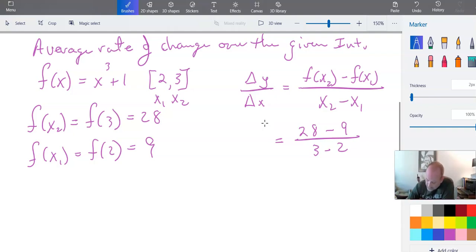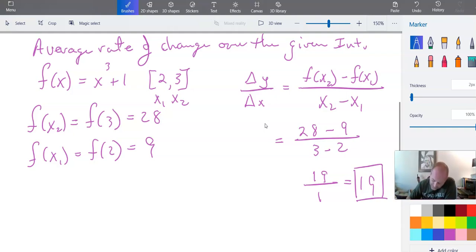Okay, well, 28 minus 9 is 19, and 3 minus 2 is 1, and so over the course of that interval, the slope is 19, right?